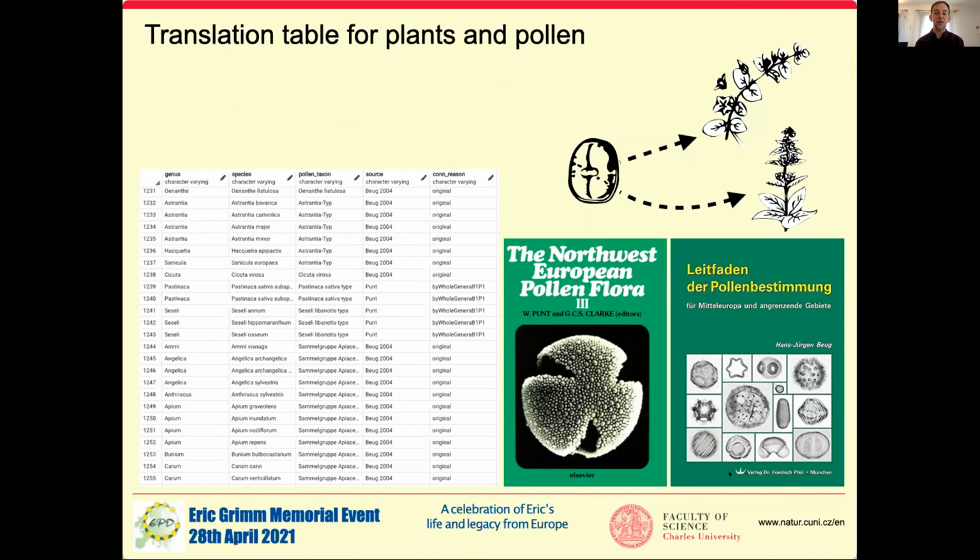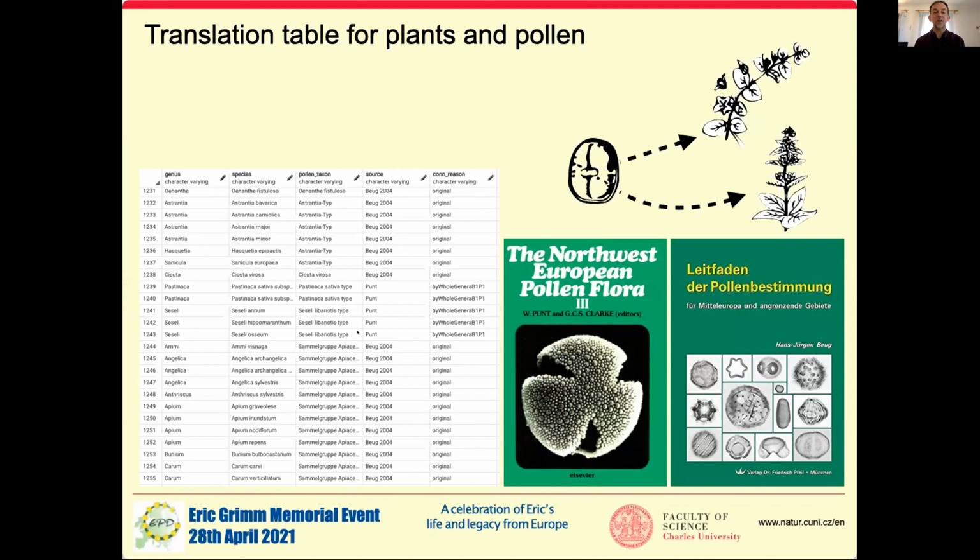And of course, these obstacles are connected to some kind of translation mechanism between the actual pollen type, the actual pollen taxon, and the plant taxon itself. So to be able to connect these ecological indices to pollen data, we actually need something like what is pictured here at left.